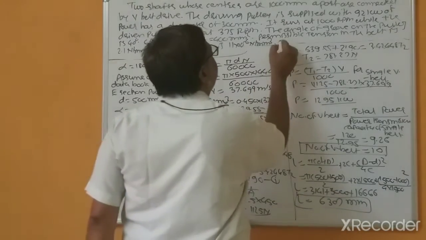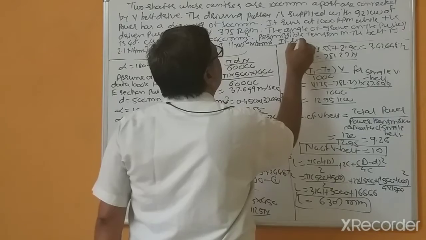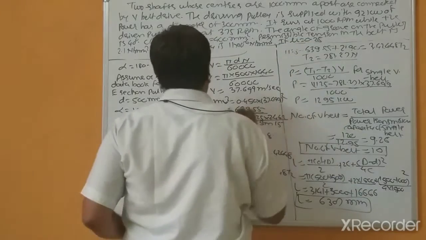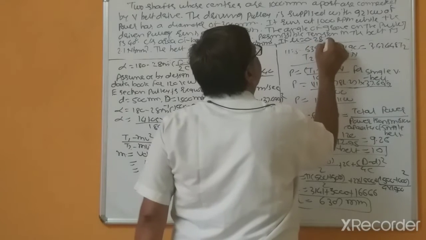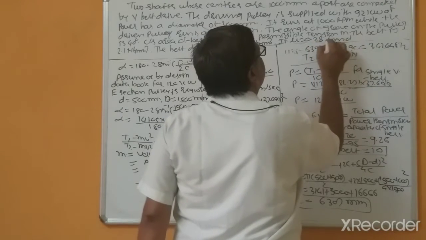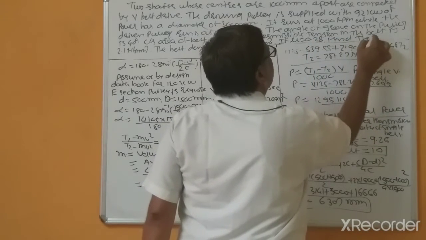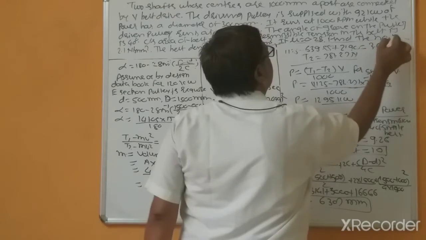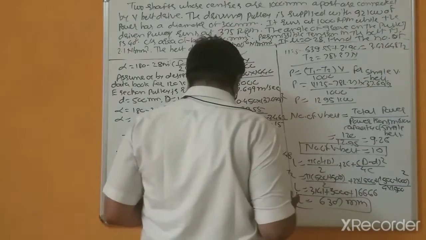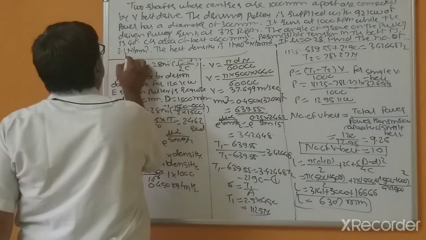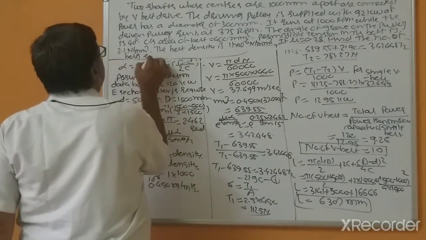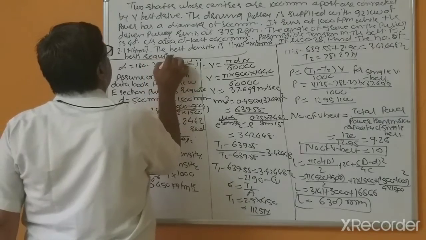If mu equal to 0.28, find the number of belts required.